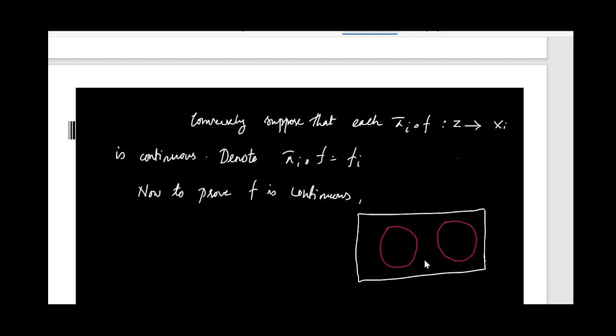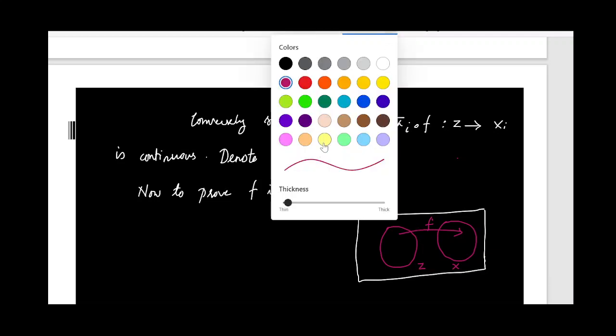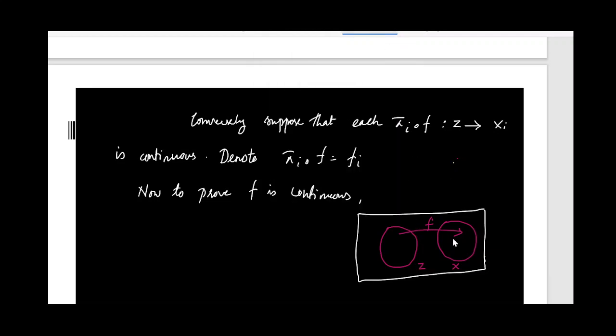One set is Z, another set is X. So we are having the function f from Z to X. In order to prove f is continuous, our usual procedure is we will take some open set here, and find its inverse image here.